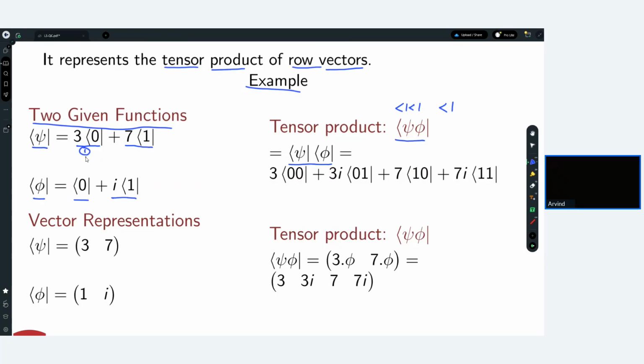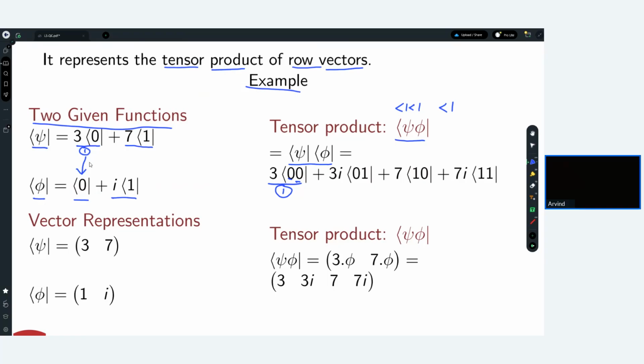So 3 bra 0 is multiplied with bra 0, and we write this as the first term in the resultant: 3 times bra 00, because the first 0 is from the first function and the second 0 is from the second function.